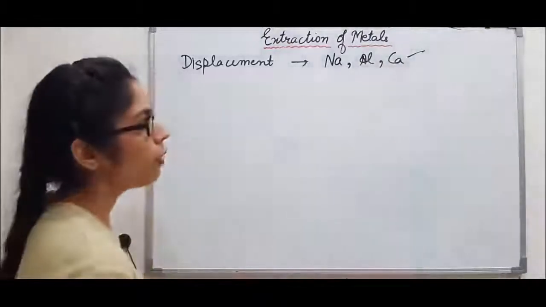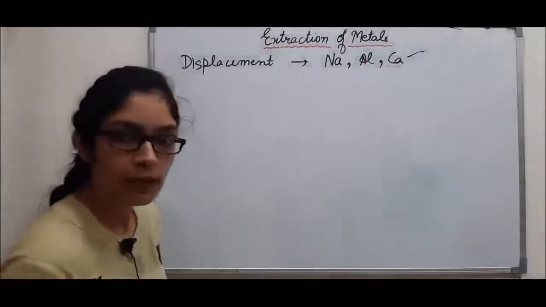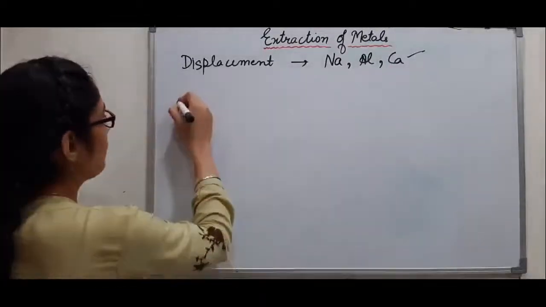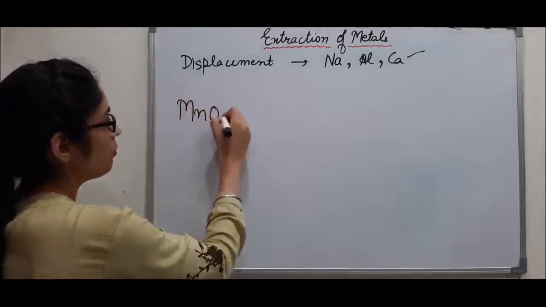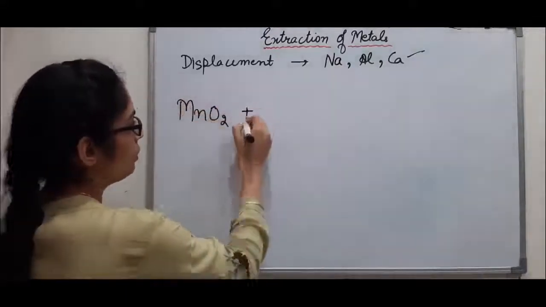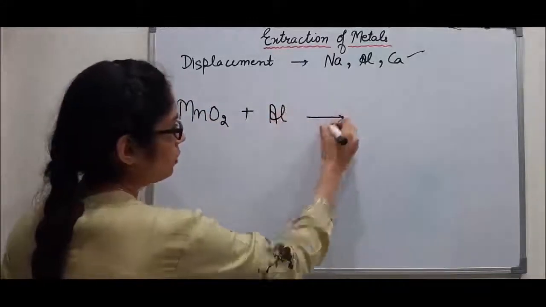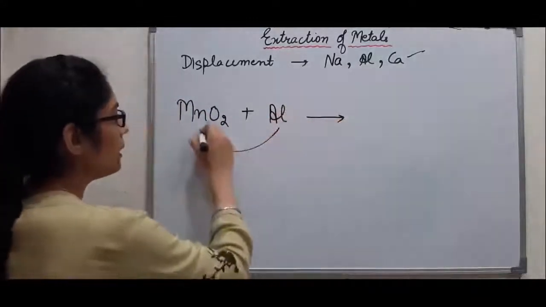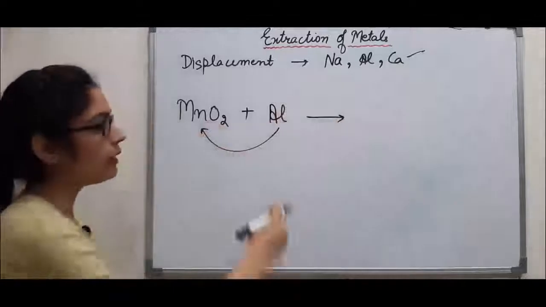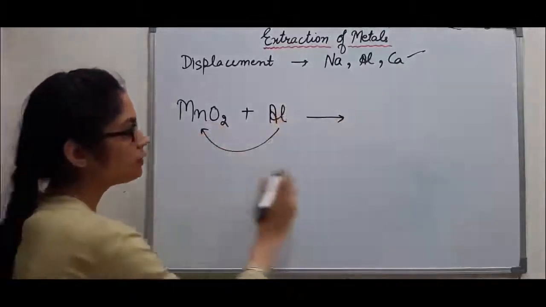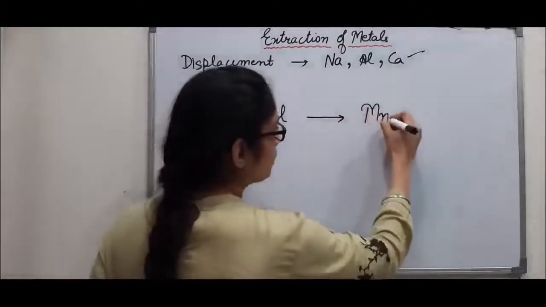We will do one chemical reaction so you can understand it better. We have oxide of manganese, which we are reacting with aluminium. Aluminium will displace manganese from its oxide and form aluminium oxide, leaving behind manganese.